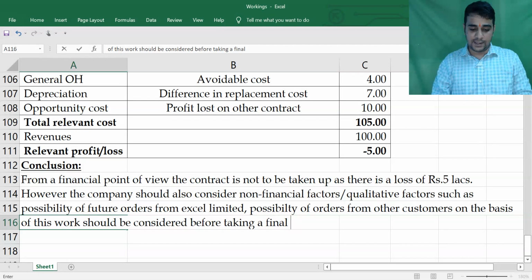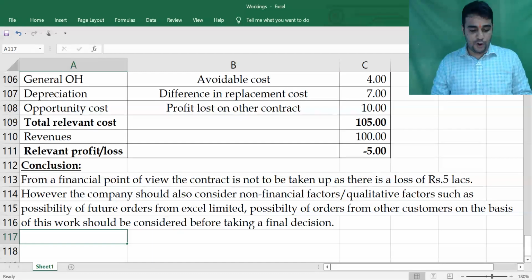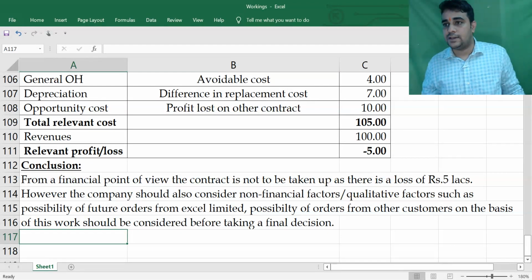I am not giving an answer and all, I am just saying before you take a final decision, please consider these points and then decide.